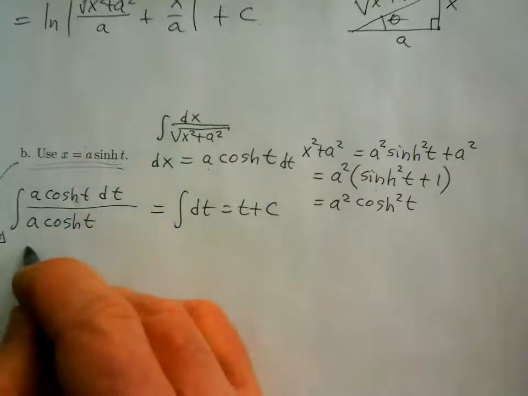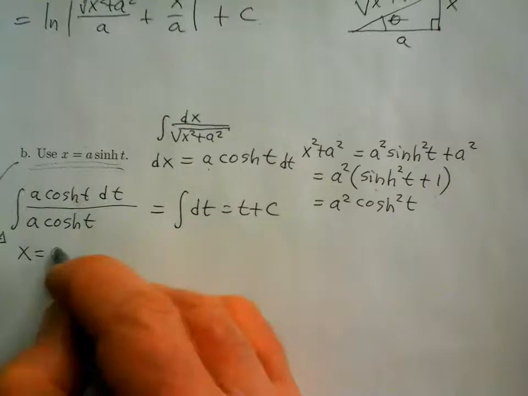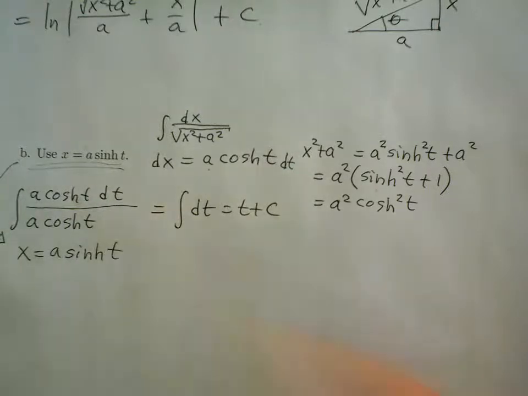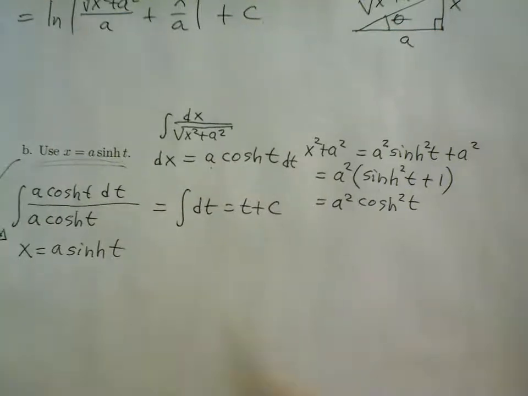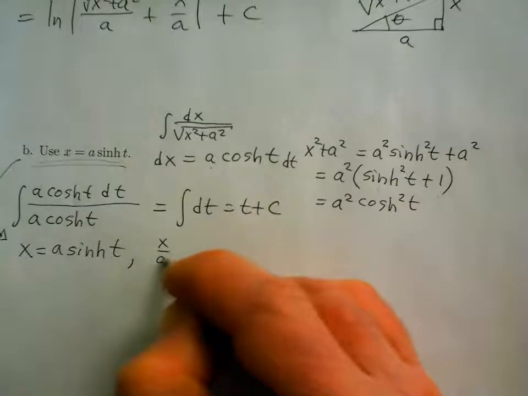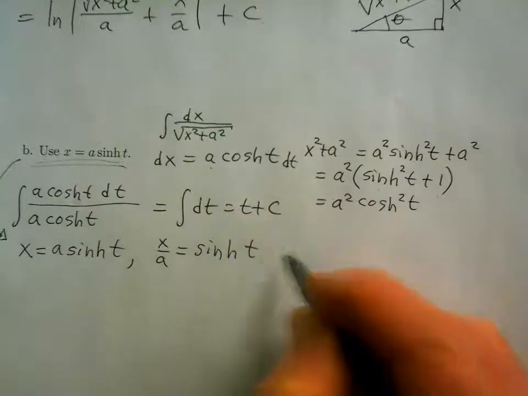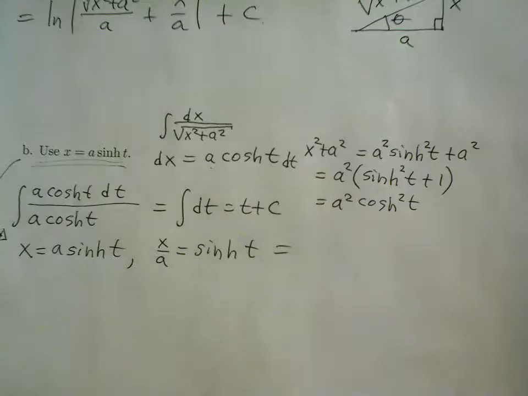So x equals a times hyperbolic sine of t. And so that means x over a equals hyperbolic sine of t. Remember what hyperbolic sine of t is.